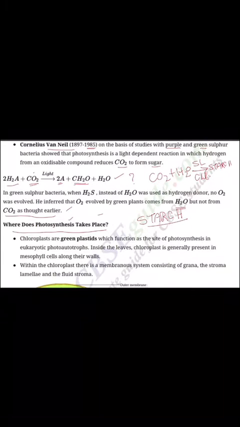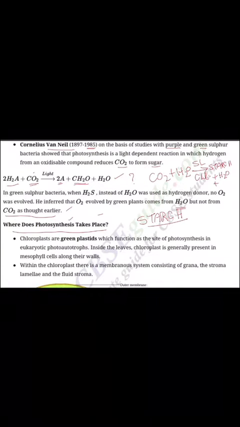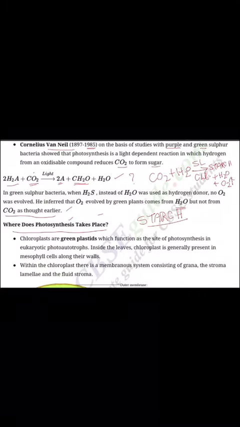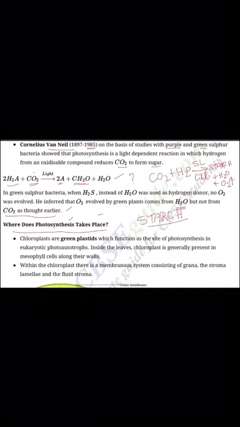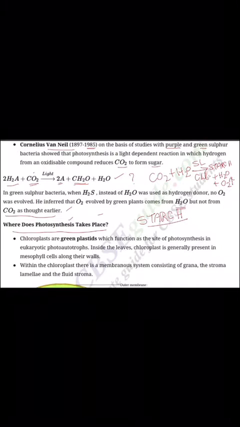And in the bargain, some water molecules will be released out, and all important oxygen which we require will be released. This we can say is the overall summarization of photosynthesis in chemical form.